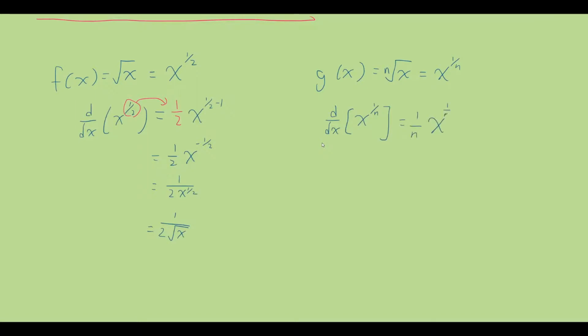So 1 over n minus 1, which will be 1 over n times x to the power of (1 minus n) over n, whatever that is. But usually that is a negative number.